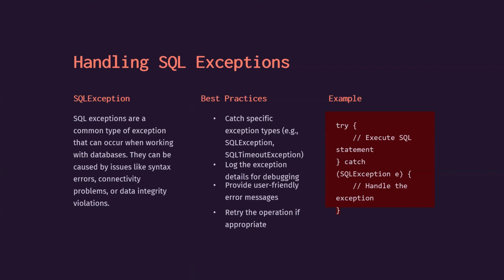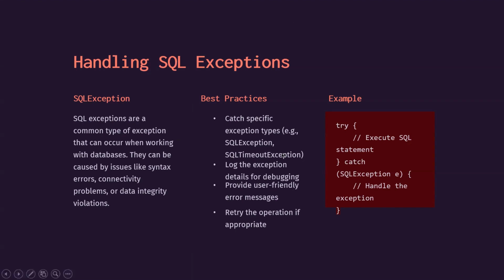We can then display an informative message to the user, log the error for debugging purposes, or take necessary actions. SQL exceptions are a common type of exception that may occur when working with databases. There is no specific syntax for it; these issues can occur due to syntax errors or connectivity problems.